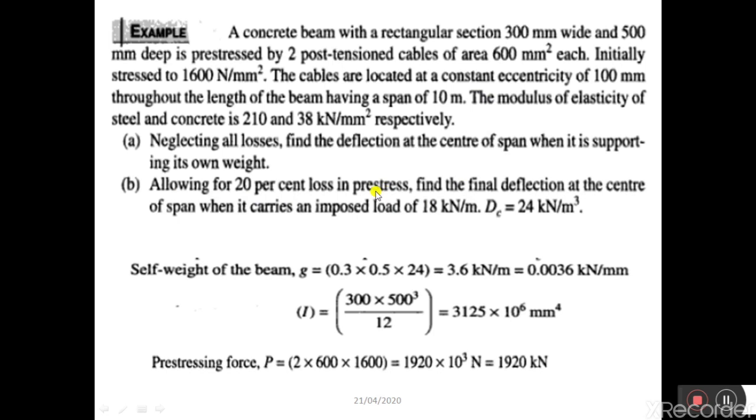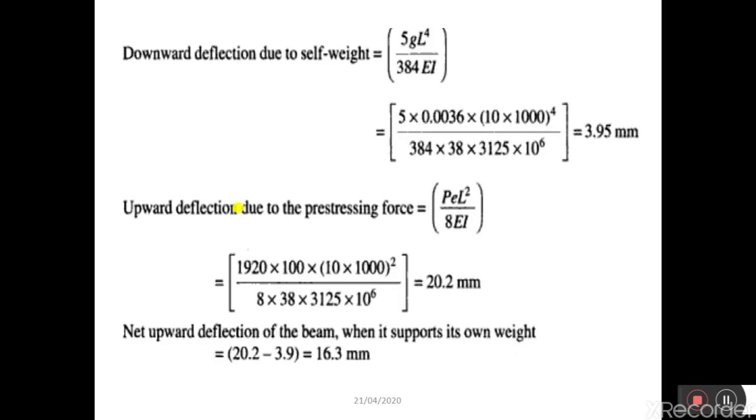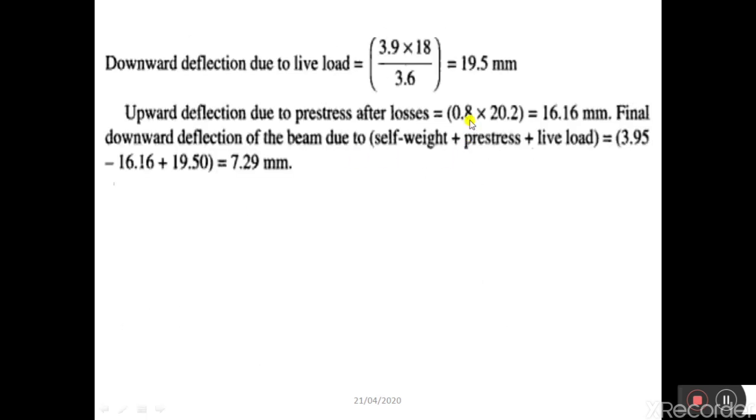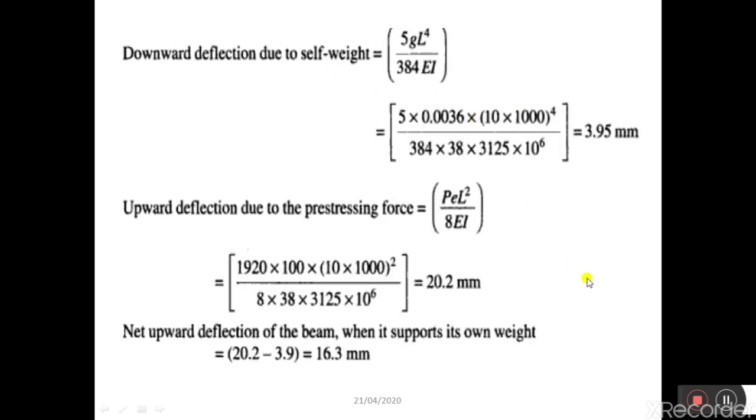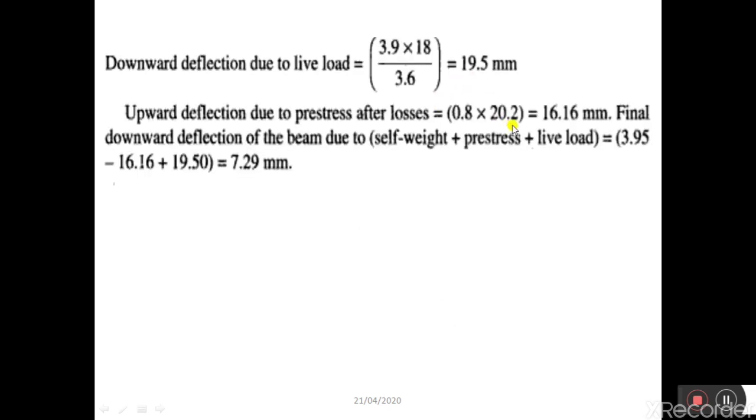Out of 100%, if the loss is 20%, then the remaining prestress in the cable is 80%. So 80 divided by 100, you will get 0.8. And the deflection due to prestressing force is equal to 20.2.